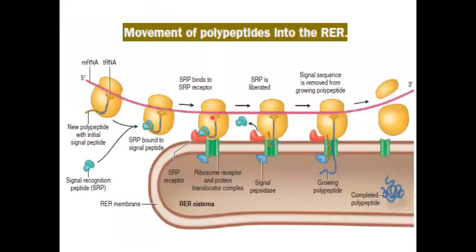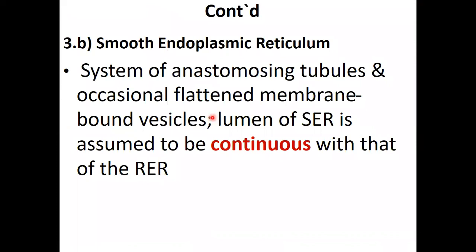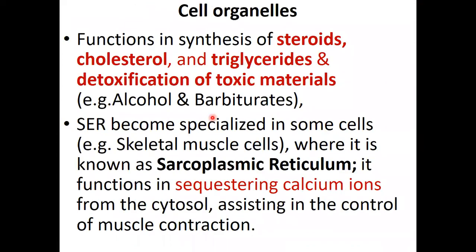Okay. The function of the smooth ER, of course, is production of lipids, or fat, if you like. Apart from that, the smooth endoplasmic reticulum is an organelle that performs detoxification. So removal of harmful substances from the cell is a job of the smooth endoplasmic reticulum.